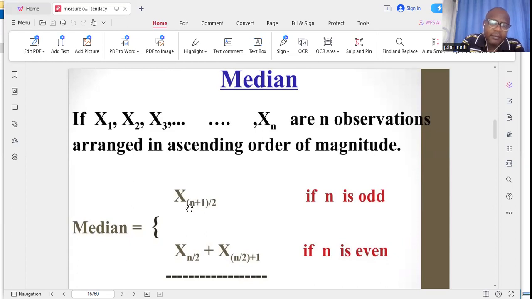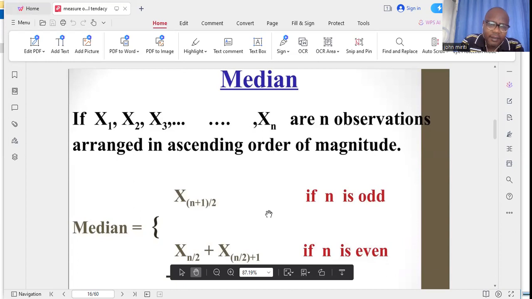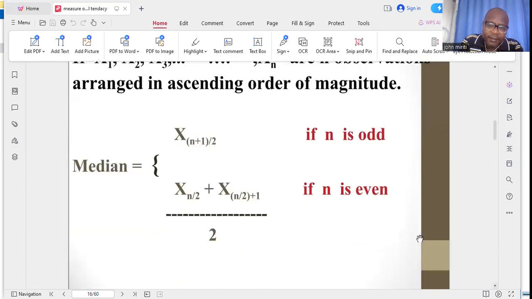In the even case, say the number of subjects of study is 12. You add plus 1, then divide by 2. That is how you get the median position. In grouped data, for an even number, you take the n divided by 2 th number plus the n divided by 2 plus 1 th number.